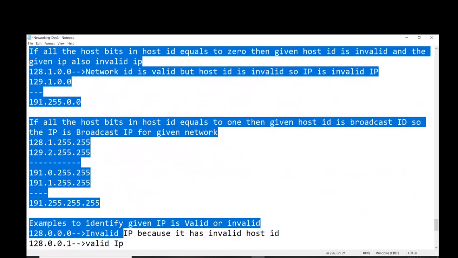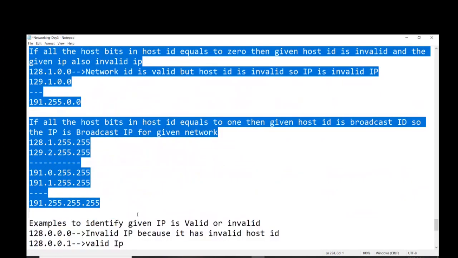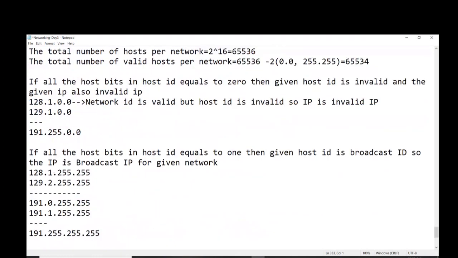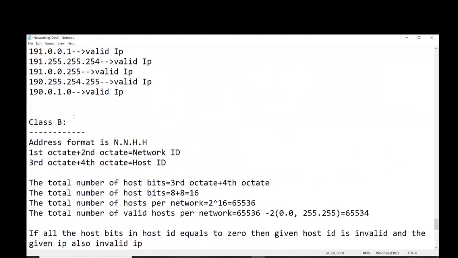See the examples that we will do. Class C address format is network, network, network, host.